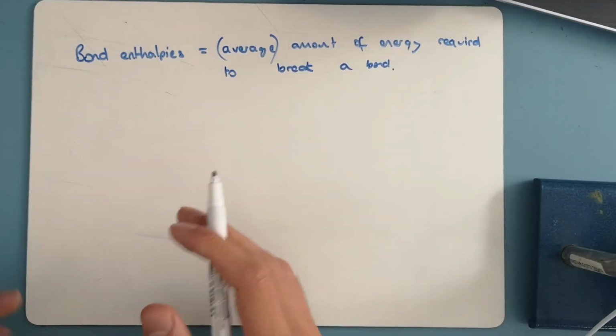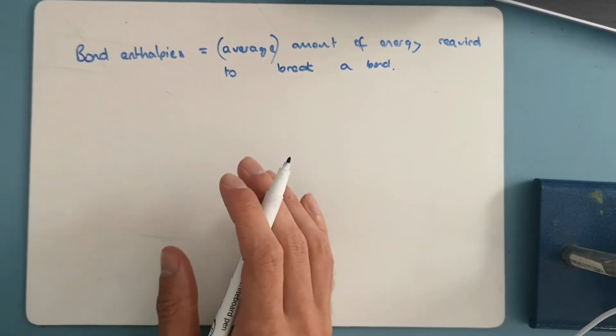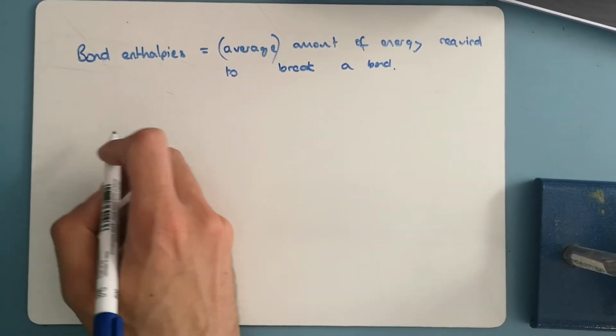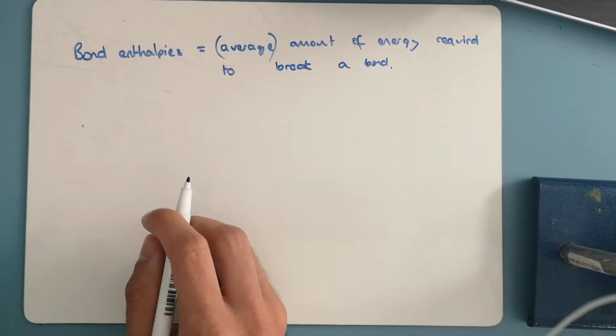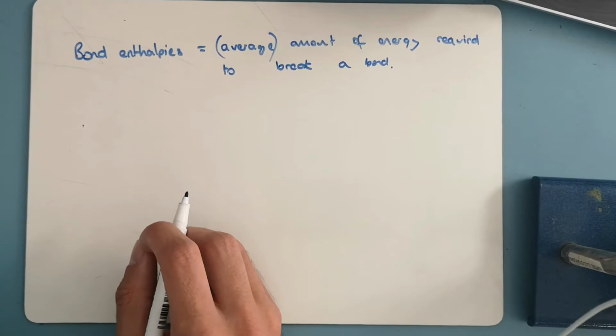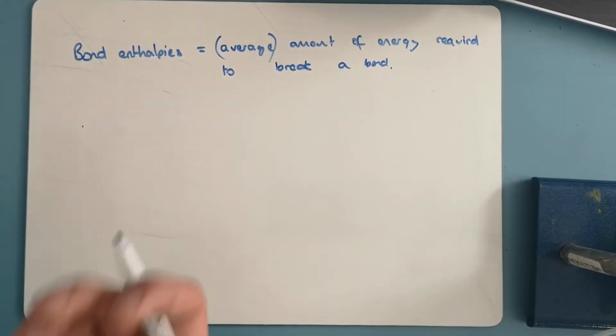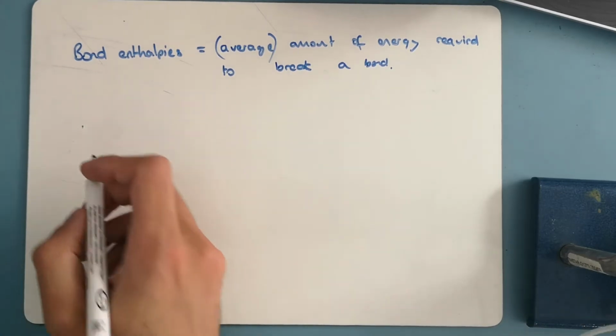And what we can then do is, if we have a reaction and we look at all of the amount of energy that is in the bonds in the reactants, and we take away the amount of energy in the products, then we'll get the average bond enthalpy. So that's what we do.